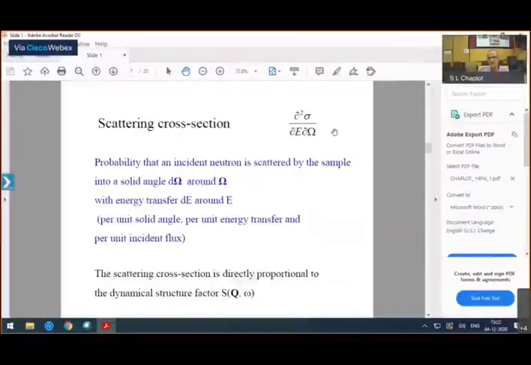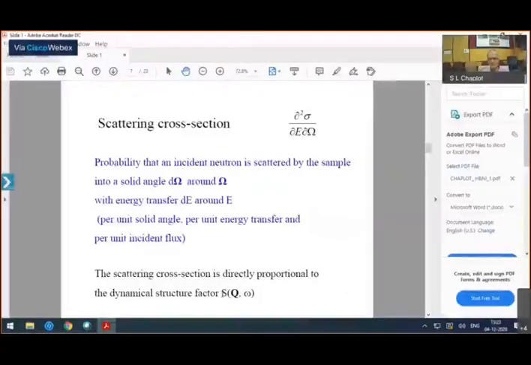So this kind of quantity, we don't always need to put it in absolute scale, but this is the formal definition. And this scattering cross-section is, as you will see, simply proportional to the so-called dynamical structure factor.